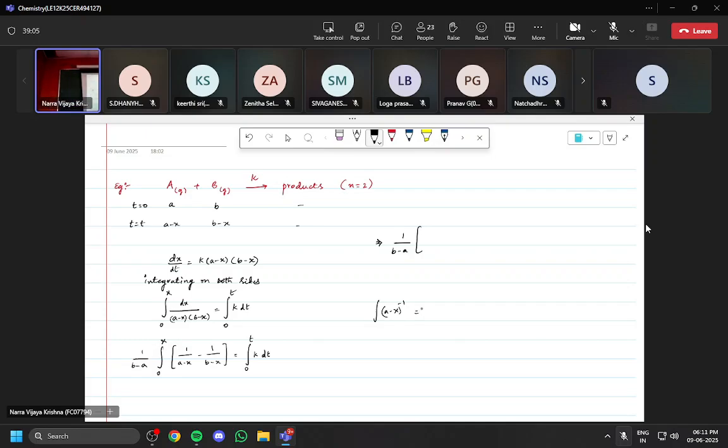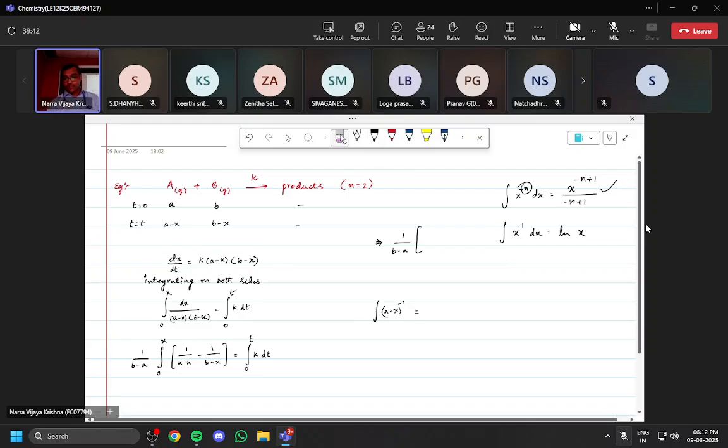If it is not 1, then I will write integral x power minus n dx. What is it? x power minus n plus 1 upon minus n plus 1. If it is integral x power minus 1, then what do you write? Log x. Correct or not? So if n is not equal to 1, then this is correct. If n equals 1, we have to use logarithm. Now what is this value?